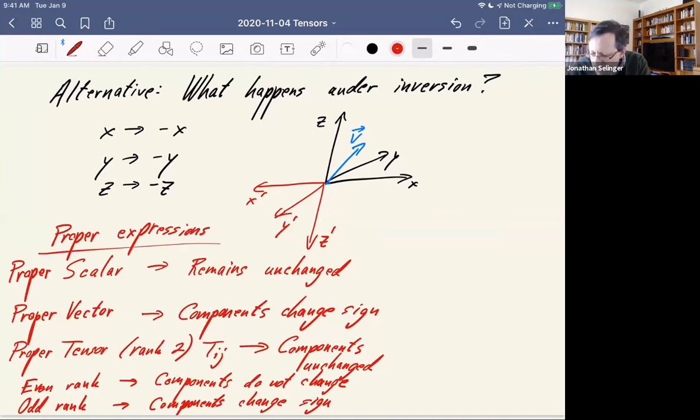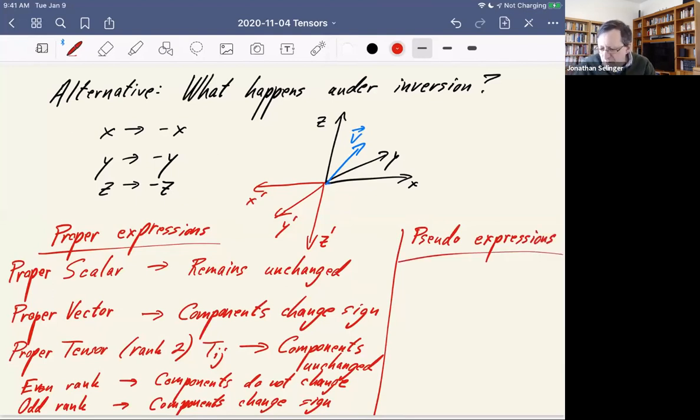Okay. What about for pseudo expressions? A pseudo scalar or a pseudo vector or a pseudo tensor? Well, for any of these kinds of expressions, they do the opposite of what a proper expression would do for the same rank. And so a pseudo scalar will change sign.